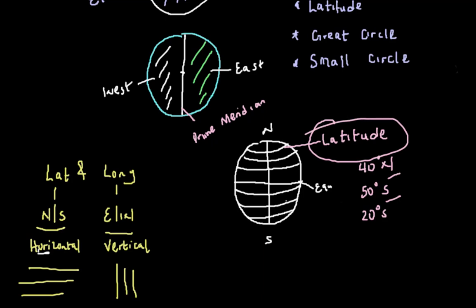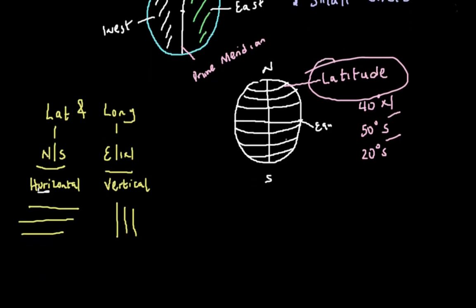Now for longitude, let's draw the globe. So we have the globe. Now this is the prime meridian, and this is the equator. Now longitude are like vertical lines on the east or on the west. Now remember, the right hand side of the prime meridian is the east, while the left hand side of the prime meridian is west.